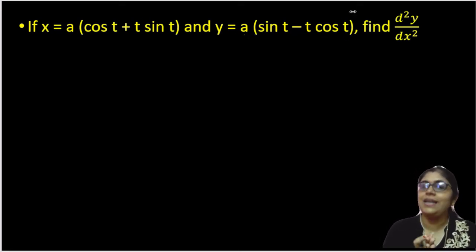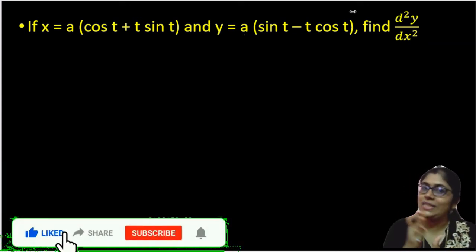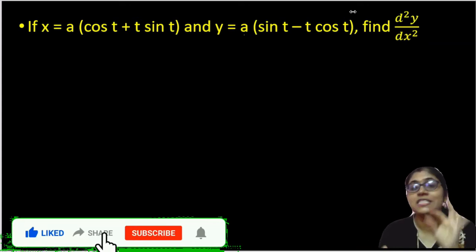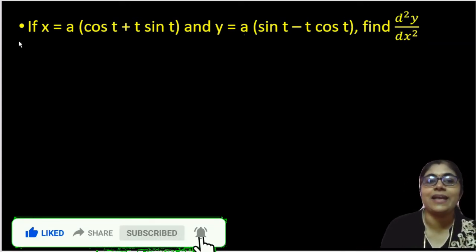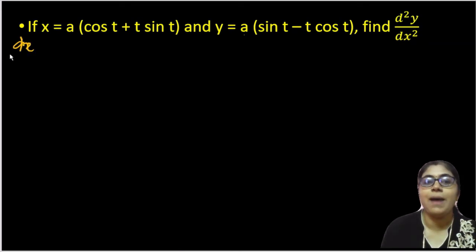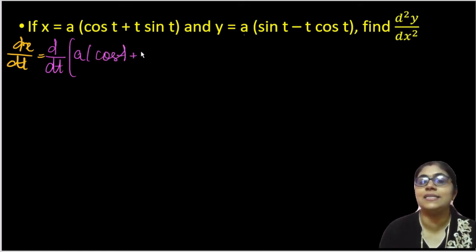For that you have to differentiate x and y separately with respect to t, just for first order. So dx by dt equals d by dt of a cos t plus t sin t.